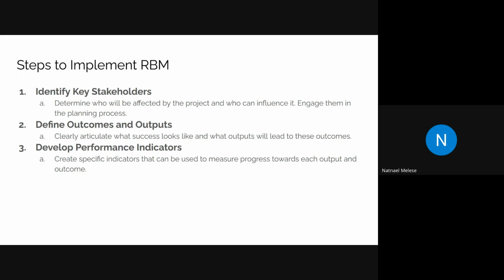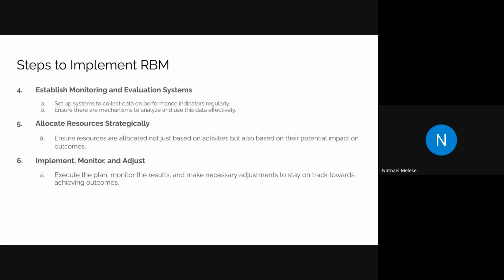You create specific indicators that can be used to measure progress towards each output and outcome. Let's say you defined a clear outcome in your step 2. Now while you are developing your performance indicator, you are thinking towards each output and outcome. So the next step is establishing a monitoring and evaluation system.